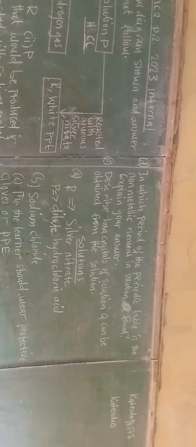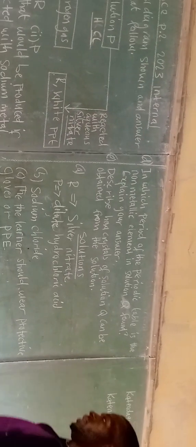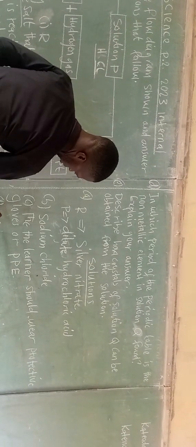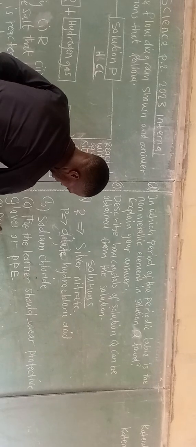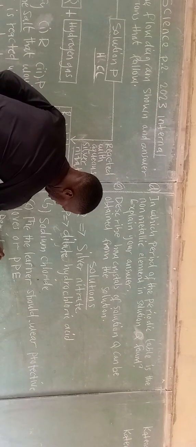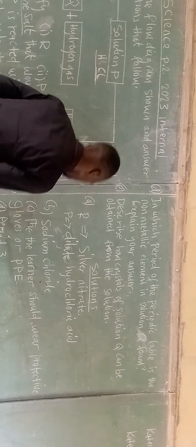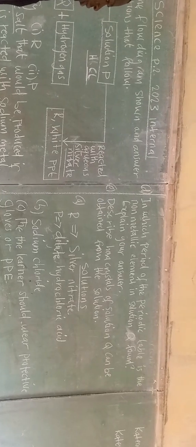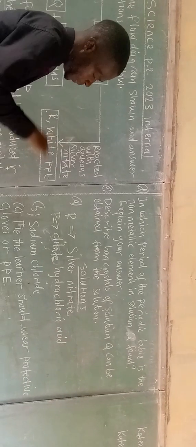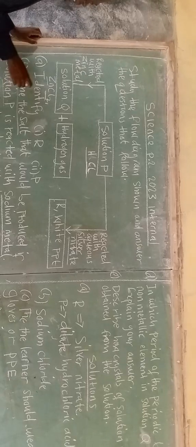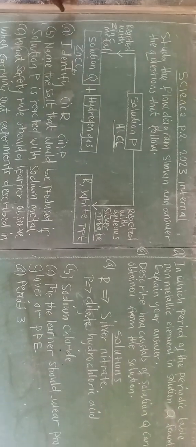So chlorine is in period 3 of the periodic table, that is D. For this answer, you can check out the periodic table, see the periods, and see the period where chlorine is coming from, which they are referring to as the non-metallic substance in solution Q.